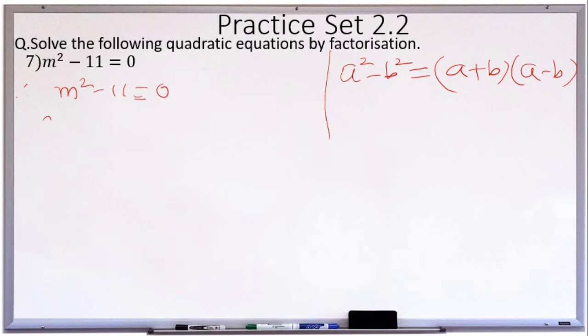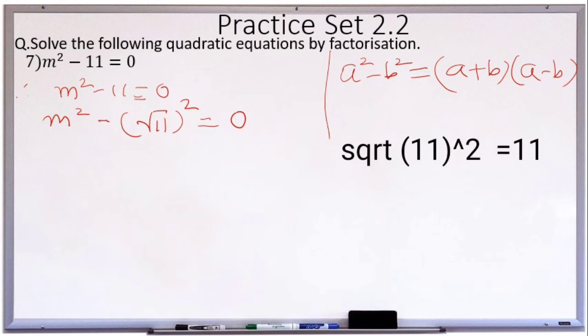So here I can write m square minus square root of 11 whole square is equal to 0. Now why I have taken square root of 11 here? Because I am taking square. Okay, so we don't have to change the meaning while solving these quadratic equations.